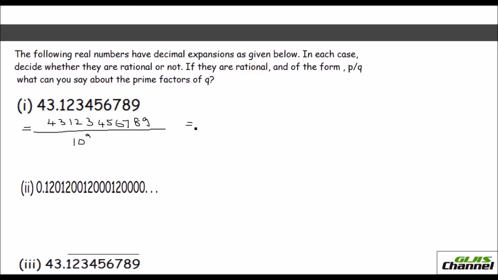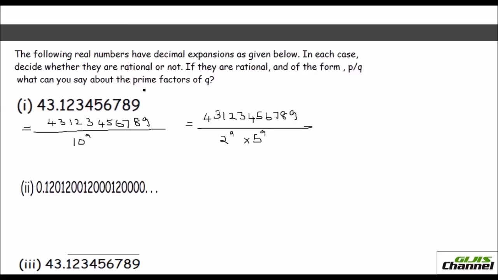The numerator we are not bothered about because we are not going to use it at all. I just wrote it as a fraction now, divided by this 10 raised to 9. I can write it as 2 raised to 9 times 5 raised to 9, right?